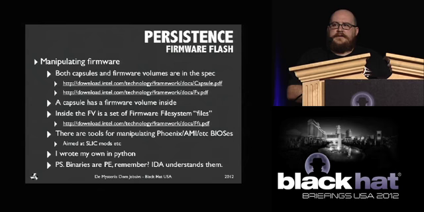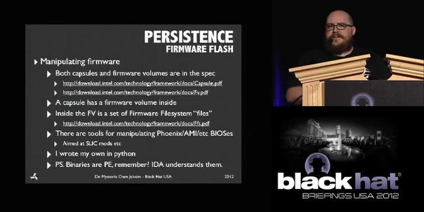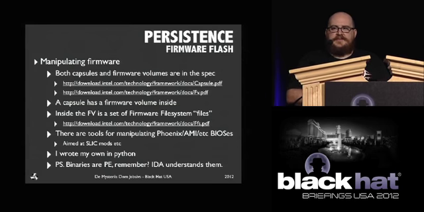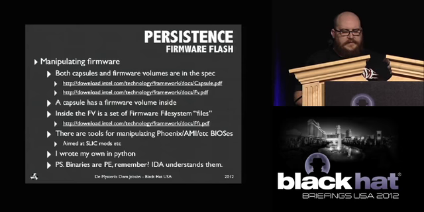There's a bunch of tools around already for manipulating Phoenix and AMI UEFI-based BIOSes, but they're mostly aimed at doing slick mods and pirating Windows and whatever else, like messing with ACPI tables and stuff for Hackintoshes. So they're not actually very good for replacing drivers in BIOS images. So I had to write my own for that.